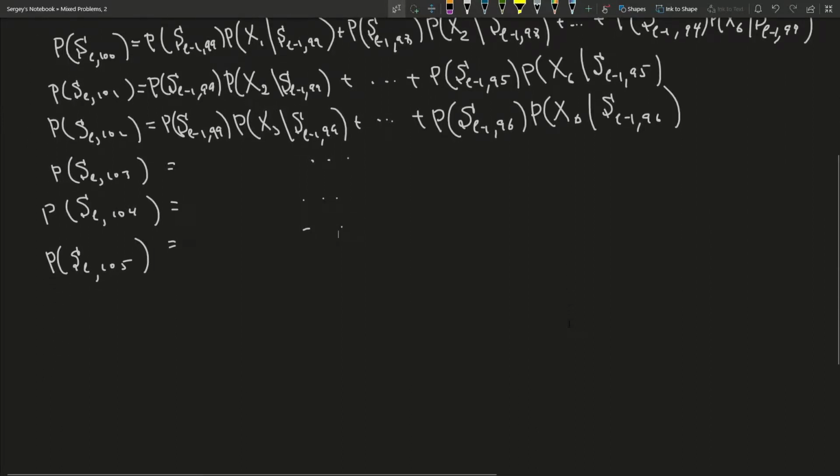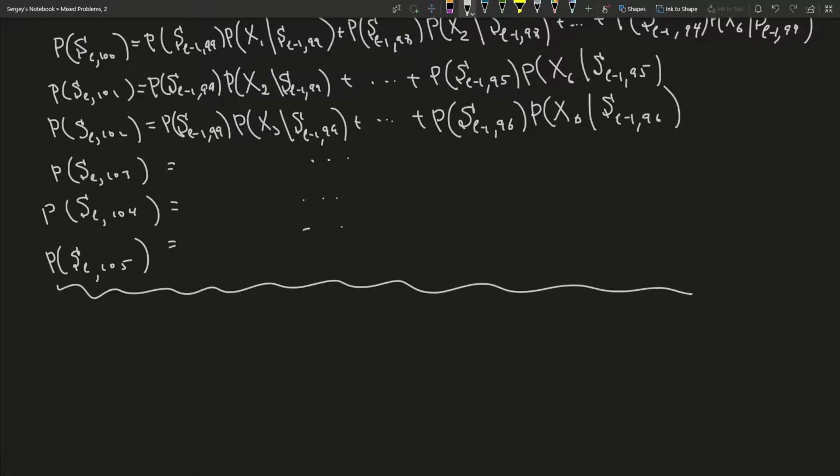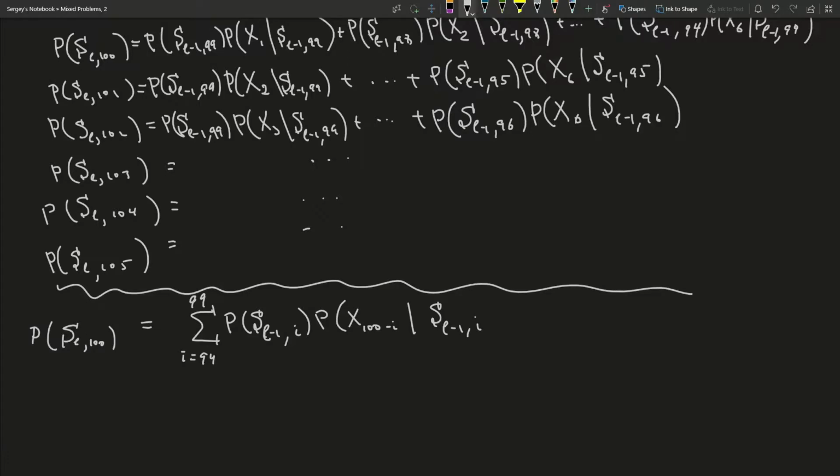And the pattern is the following. The probability that the running total after the process stops is 100 equals the sum from i equals 94 to 99 of the probability that the running total up to that point was i, times the probability that the last roll was 100 minus i, given that the running total up to that point was i.